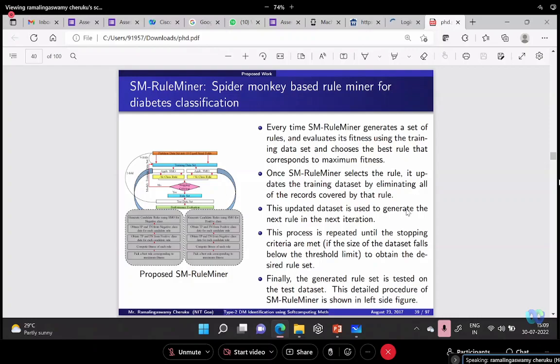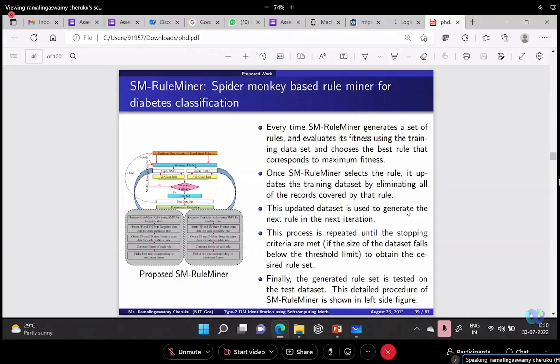What is the solution here? I am looking for rules. So how are we generating the rules by using spider monkey? Each rule is nothing but one spider monkey, and this spider monkey will initially have some random values, and it is striving based on the SMO algorithm rules.